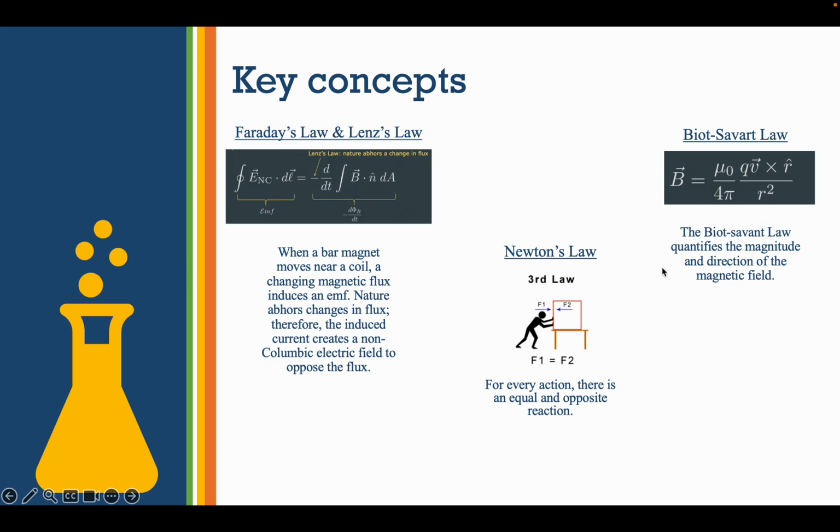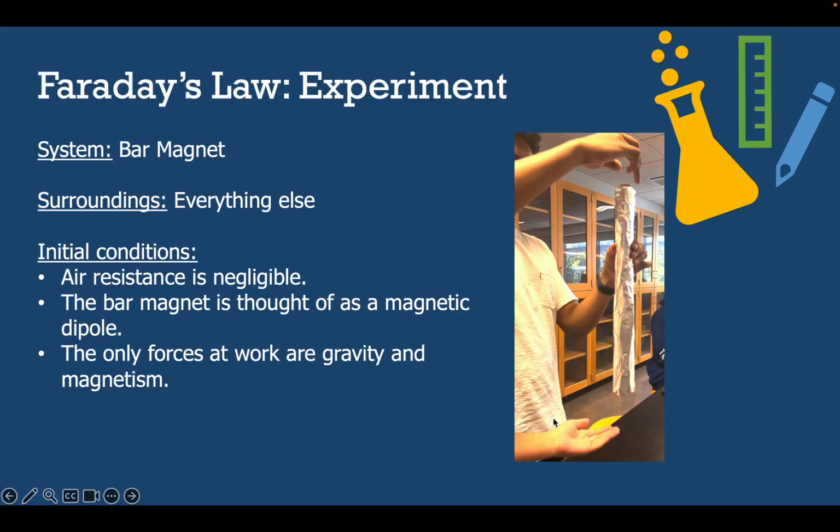And of course, the Biot-Savart law from our previous lab. To summarize, the Biot-Savart law simply quantifies the magnitude and direction of the magnetic field, followed by Newton's law, specifically the third law, in which for every action there's an opposite and equal reaction.